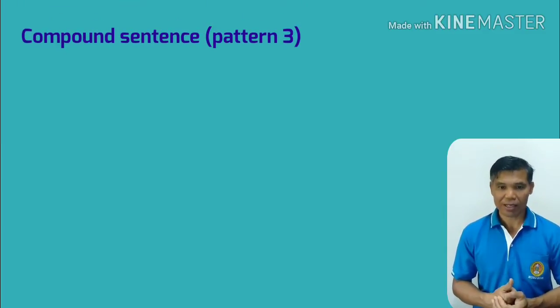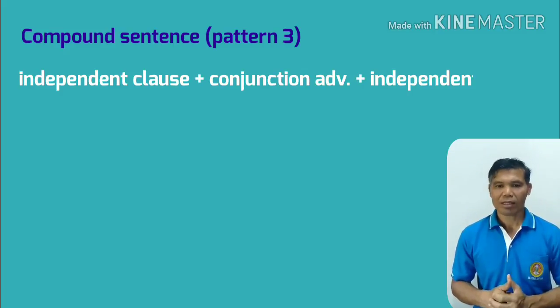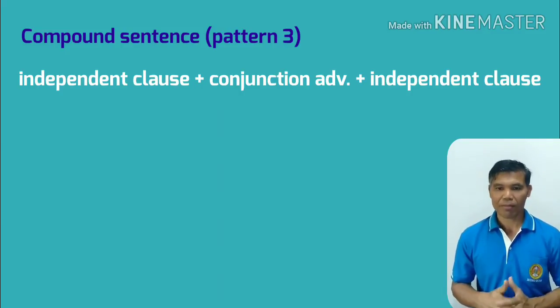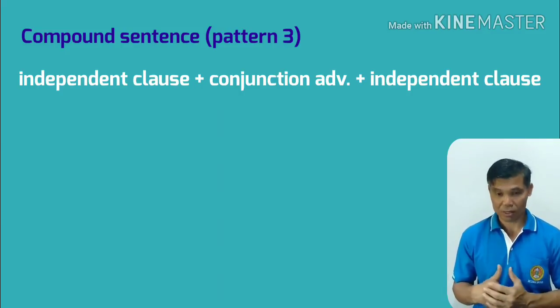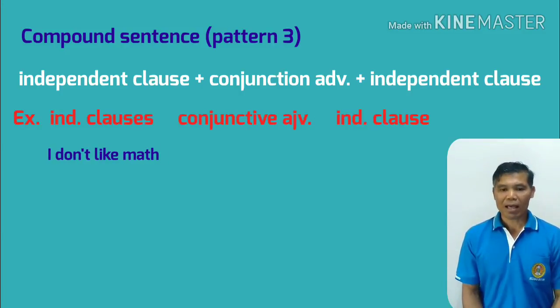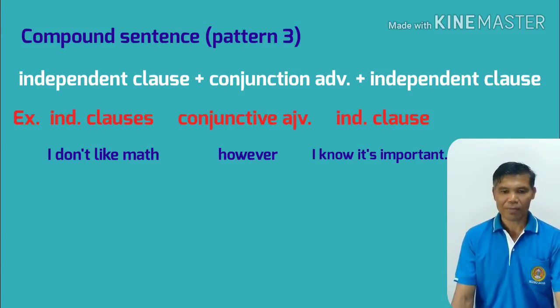The next compound sentence pattern is compound sentence pattern number 3. The structure goes like this. First, independent clause plus conjunctive adverb plus independent clause. For example, I don't like math. However, I know it's important.